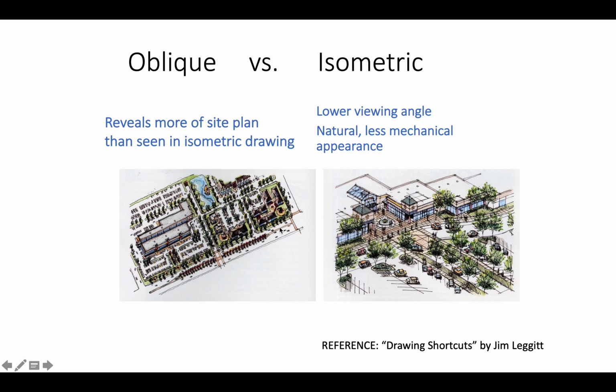But you can see that with a plan oblique, where the plan is the oblique and we're creating an oblique projection off of the plan, what Jim does is he takes the site plane and rotates it 30 degrees from the parallel bar.